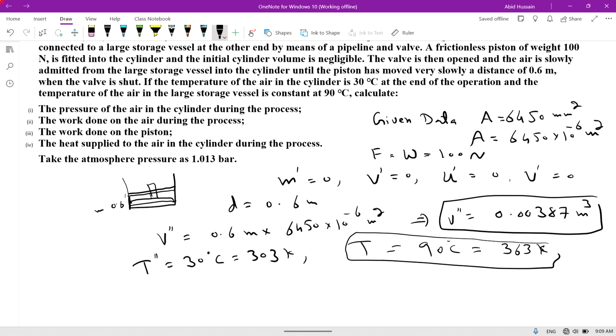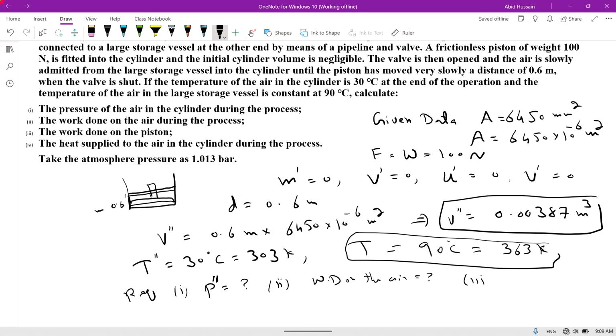Now calculate the pressure of the air in the cylinder during the process. Required: number 1, P double dash. Number 2, work done on the air during the process.